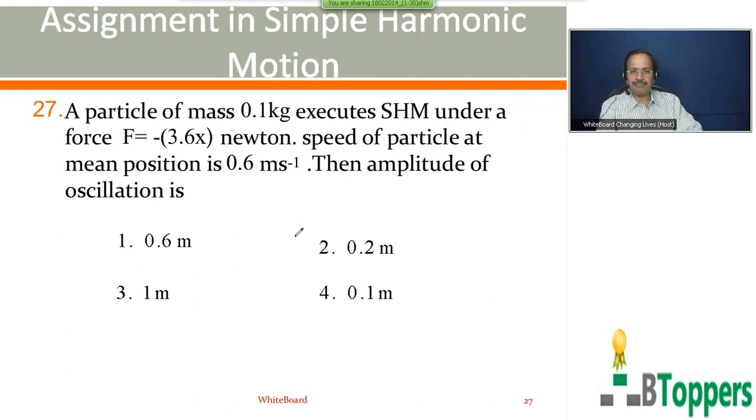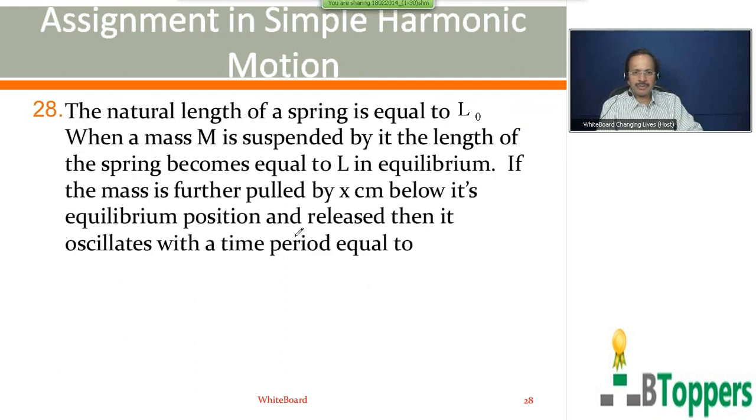So I am going to show you the next question on screen. Look at the question number 28 on screen. Now I am going to read this question number 28. The natural length of a spring is equal to L0. Then put a full stop here.